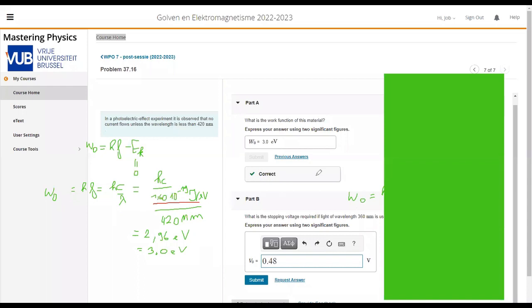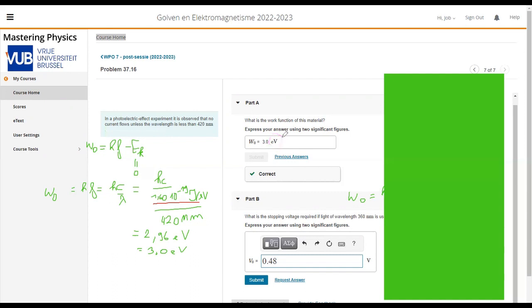Okay, finally we're in the last exercise. The last exercise just uses this one. In this situation, my kinetic energy is 0 because we first observed it. Then we have to use this. What I did is just use this one, but be careful because we want to know what it is in eV.